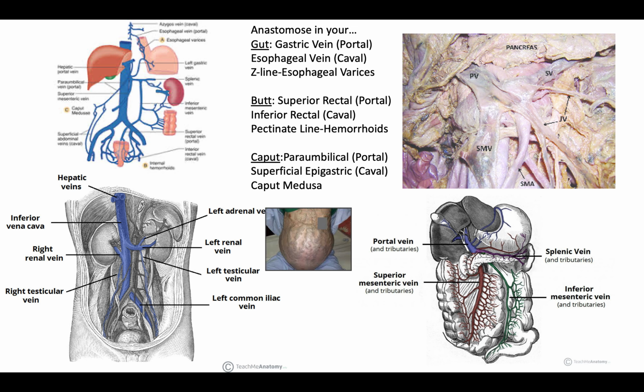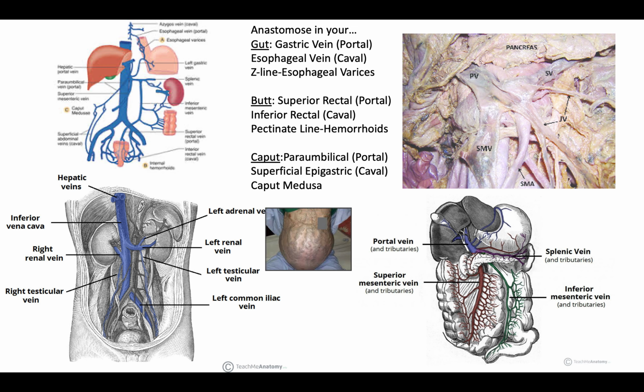This thing is bringing all of the blood from your GI system, so all that potential drinks, sodas, cheeseburgers, whatever you had consumed, now needs to get filtered in the liver to get rid of any of the toxic stuff before making its way back up to the heart to go back into general circulation. So this is the main blood supply going back to the liver to be filtered out, kind of like a Brita filter.